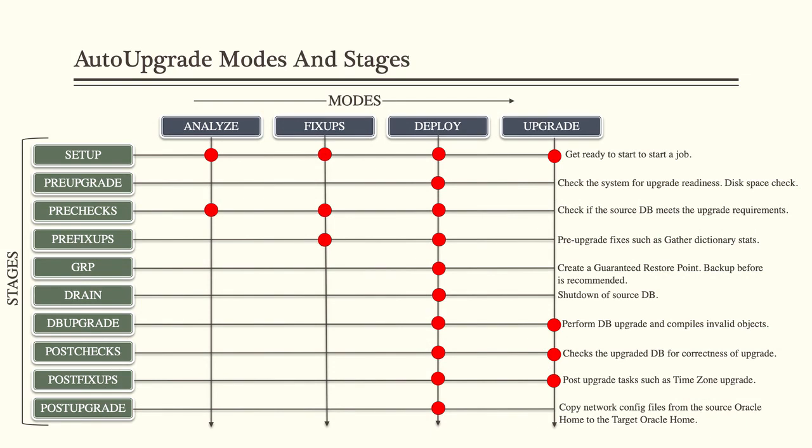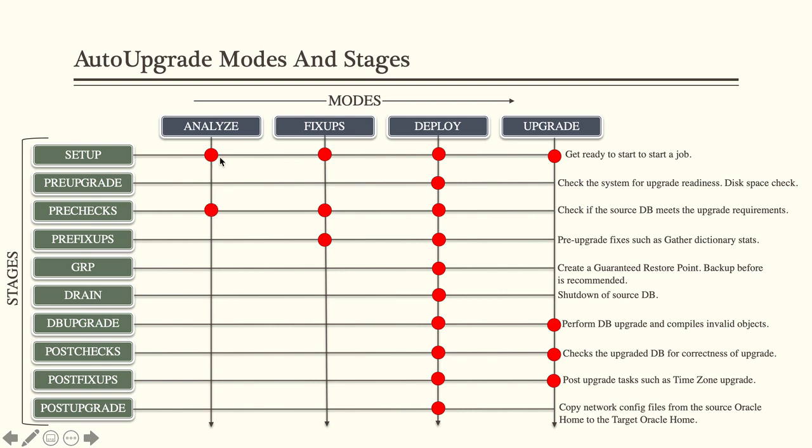So what happens during the auto upgrade is shown on this slide. These are the modes that I said earlier: analyze, fix ups, deploy and upgrade. And these are the stages, the activities Oracle performs during each particular mode. If you run only analyze mode, it sets up the utility and performs the pre-checks.